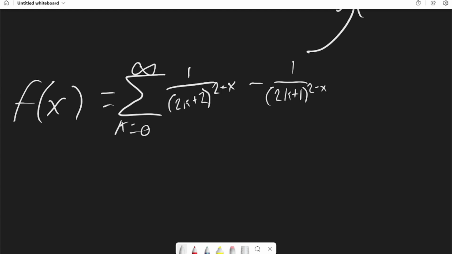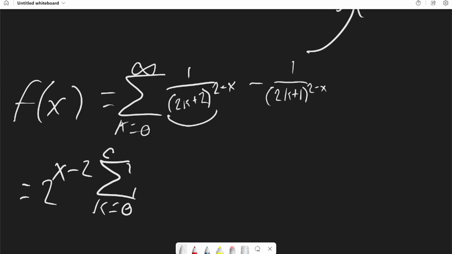That's fine. Okay, so now to evaluate these two series, for the first one, we're going to factor out a 2 from the denominator, so that's going to be equal to 2 to the x minus 2 times the sum, k equals 0 to infinity, of 1 over (k plus 1) to the 2 minus x.